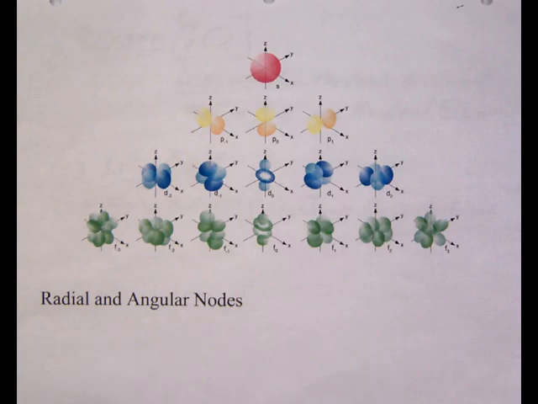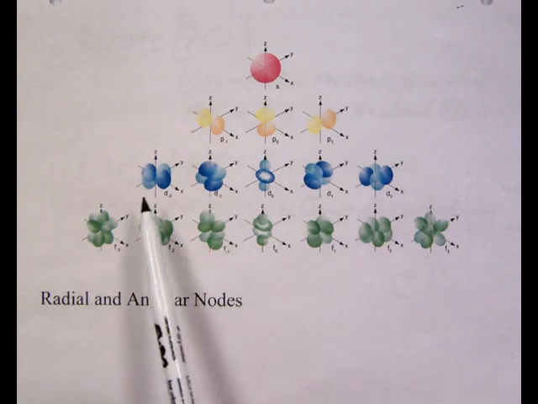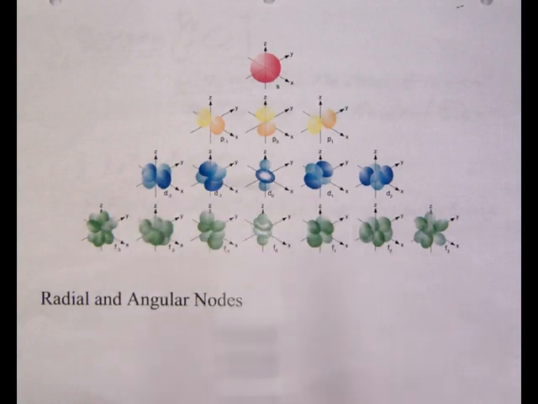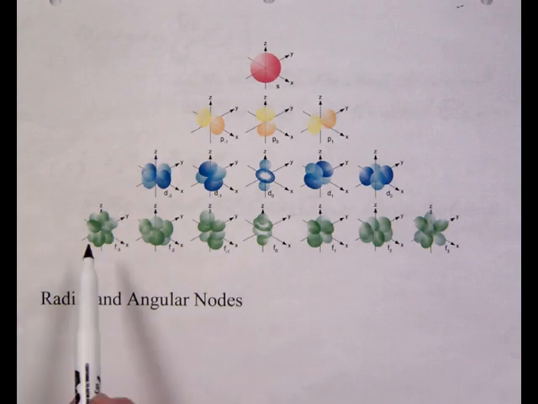I simply take these and go d1, d2, d3, d4, d5. There are 5 orientations for the d orbitals, and 7 for the f orbitals. And I call them f1, f2, f3, f4, f5, 6, and 7.